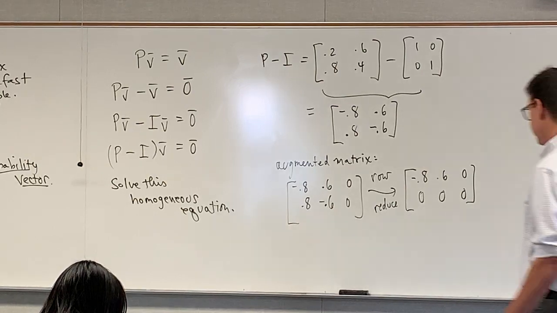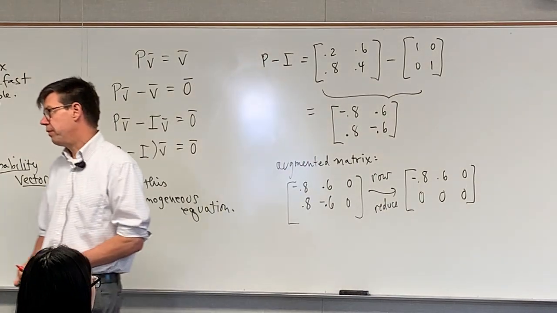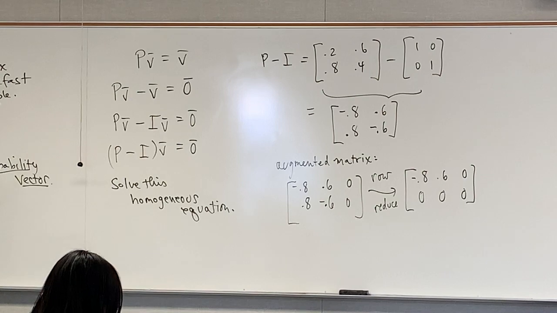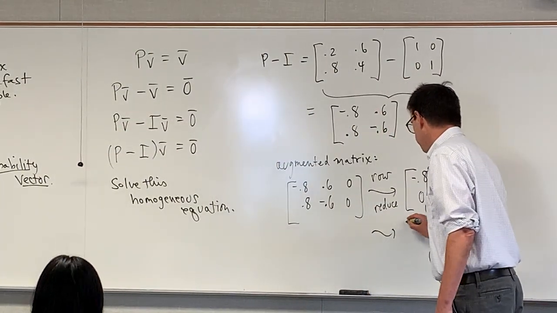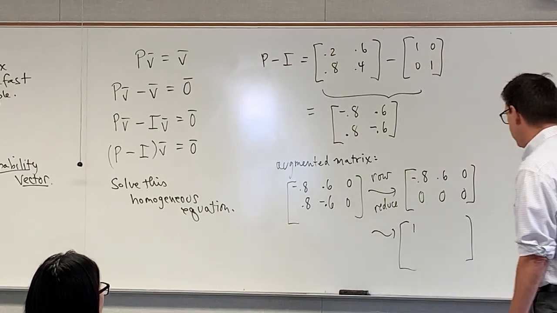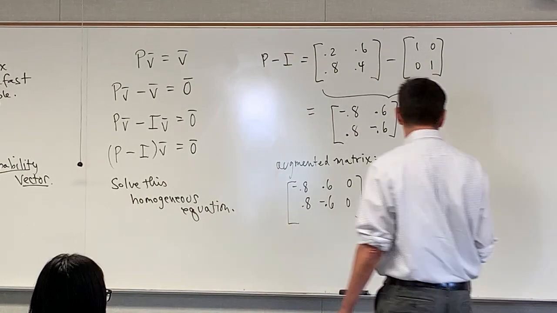And now I'm going to get a 1 in that first pivot position. So I'll divide through that first row by negative 0.8, to get a 1 in this position. And 0.6 divided by negative 0.8 is negative 3/4.